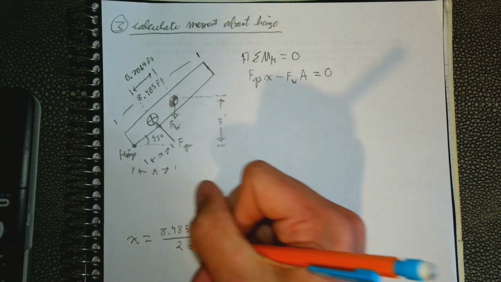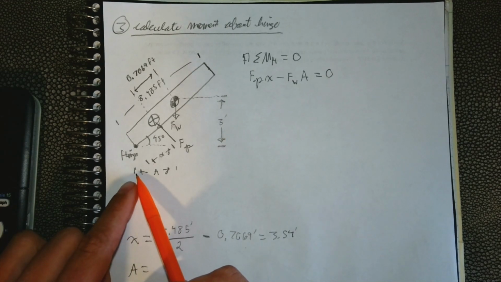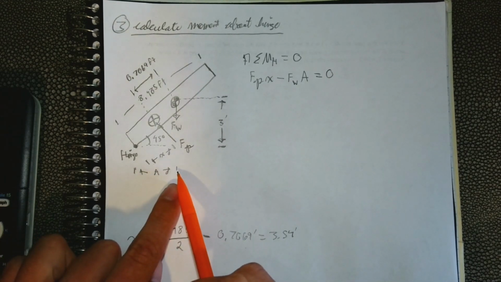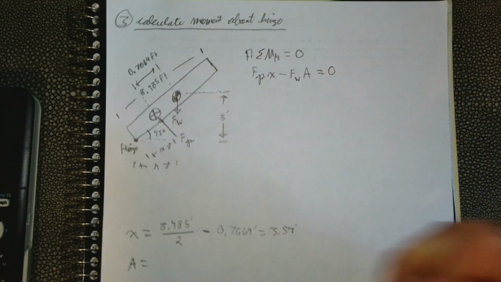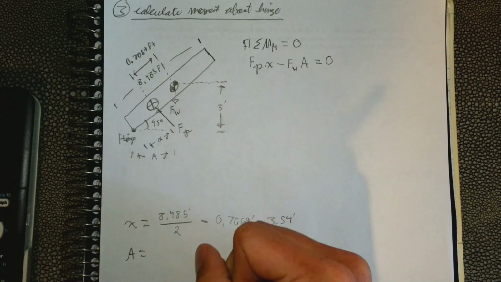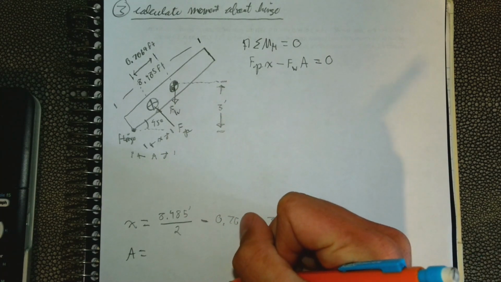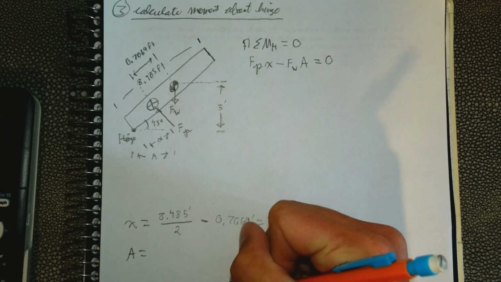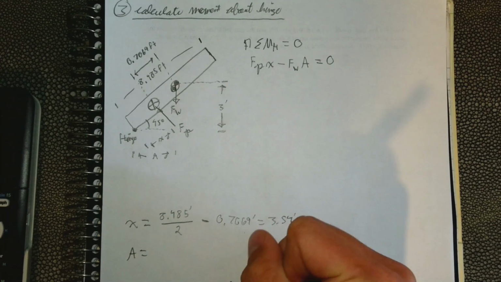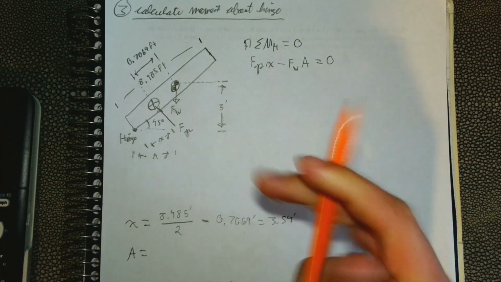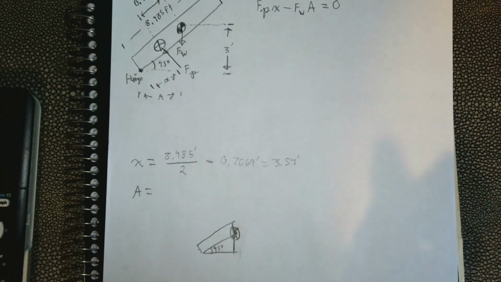And then A is the distance between the hinge and the centroid. So we're going to draw a little triangle for that. So we got the gate, centroid is at this point, 45-degree angle. Just drawing a triangle.